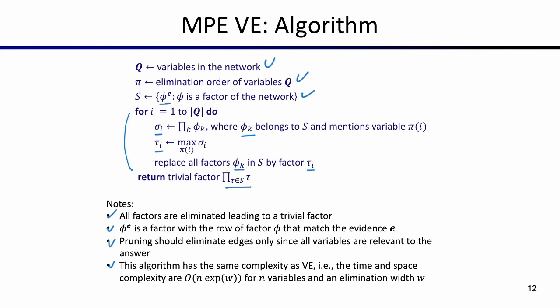So we can expect that the complexity will be n times an exponential in W, where n is the number of variables and W is the width of the elimination order.